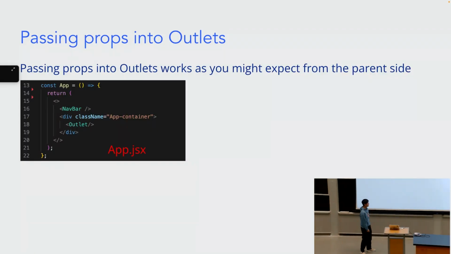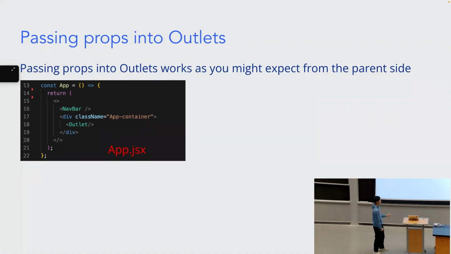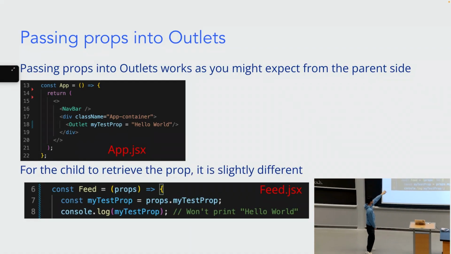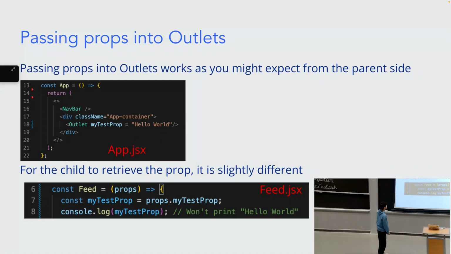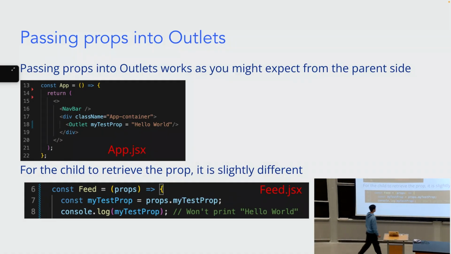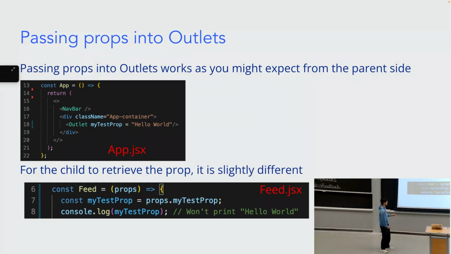Okay. Cool. If you want to pass props into outlets, it works as you might expect from the parent side. So you pass in this myTest prop maybe, and then you feed it some parameter, and then from your feed, if you weren't in some router tree, you would just access this prop using props.myTestProp. But it'll look a little bit different in React Router when you're passing through this route component instead.